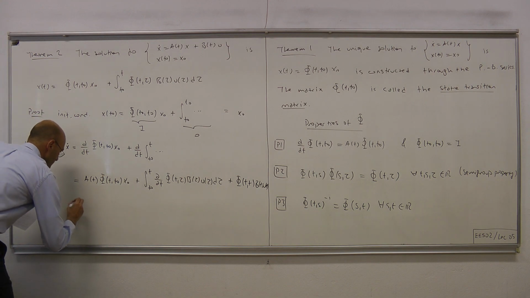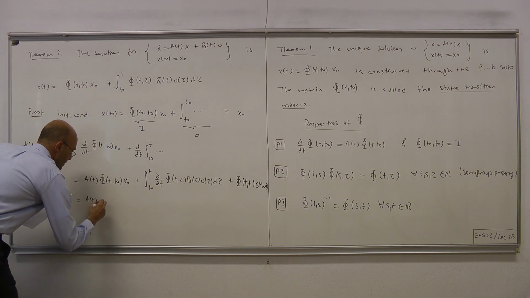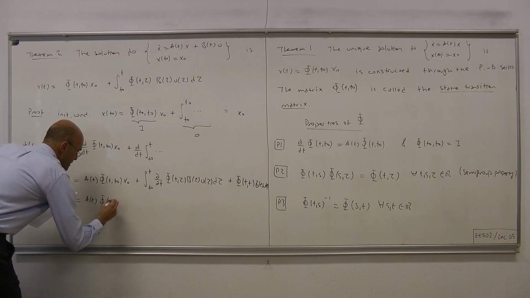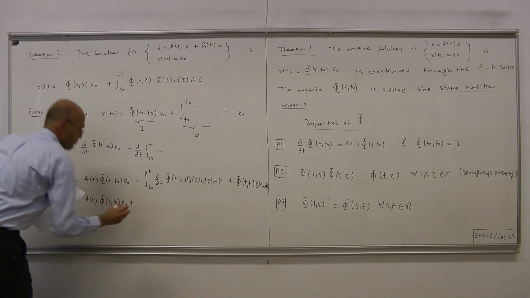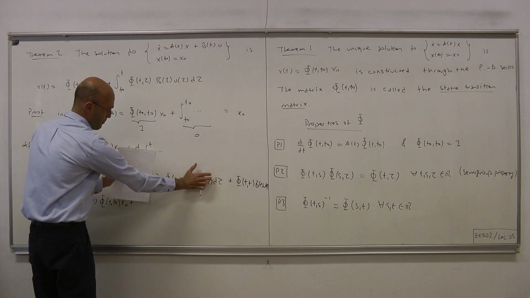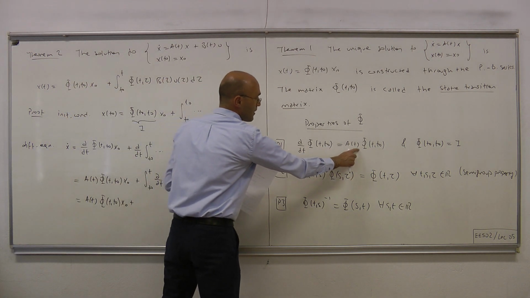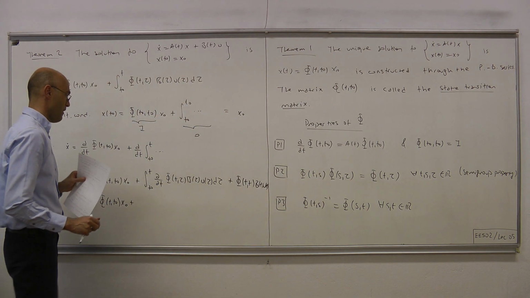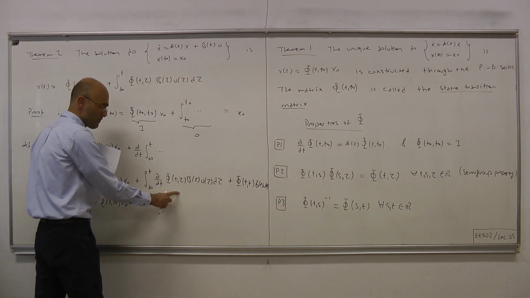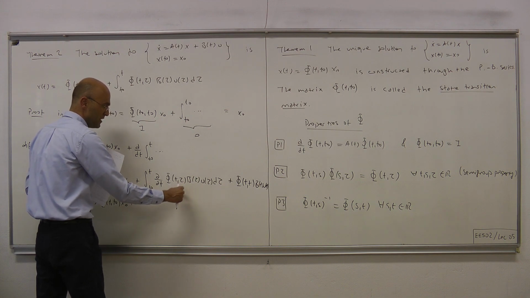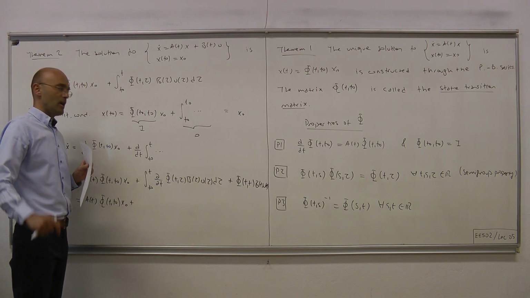This equals what? A(t) phi(t,t0) x0 plus. Now, the partial derivative of phi with respect to the first argument is A(t) times phi. So what we have here is A(t) times phi(t,tau) multiplied by the rest.